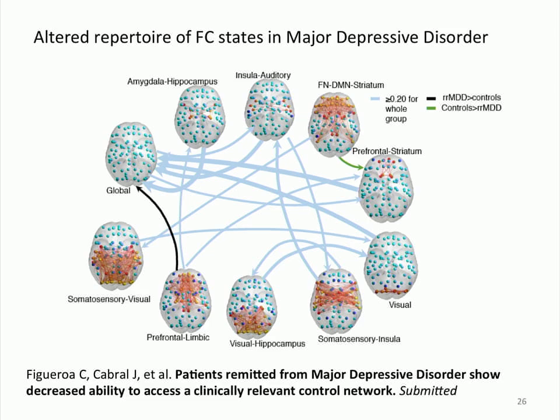this significant network that appeared decreased in patients in remission from major depressive disorder, so they are at risk of becoming again with MDD. They also have significantly less probability of moving from that state to a prefrontal striatum that is also linked to pleasure, emotional regulation.